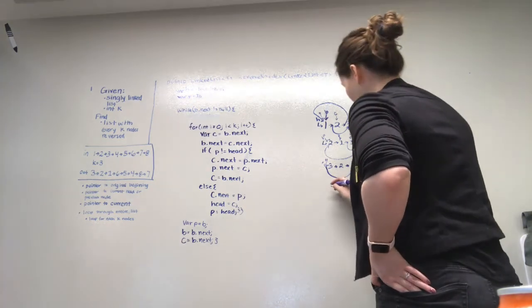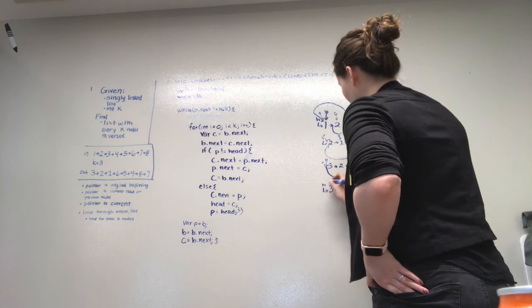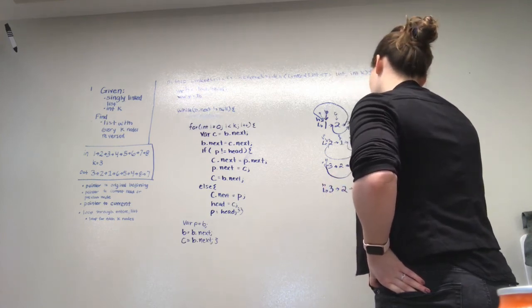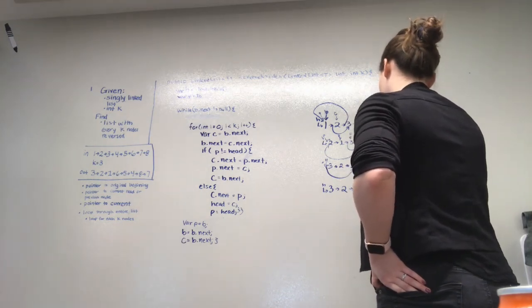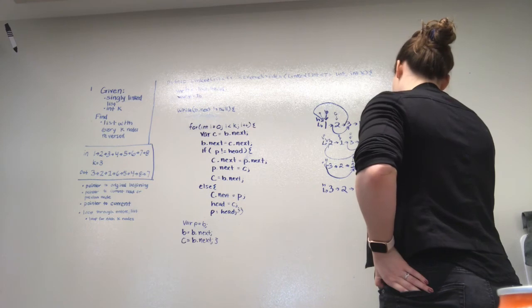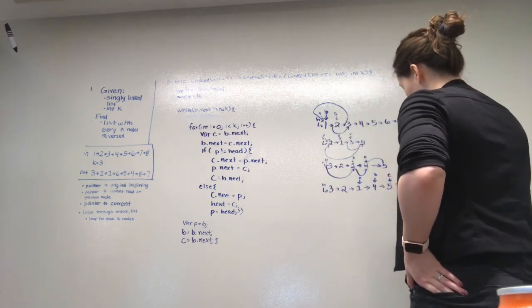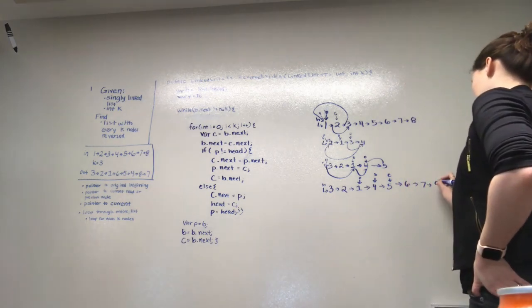So we will then have head 3, 2, 1, p 4, b 5, c 6, 7, 8.